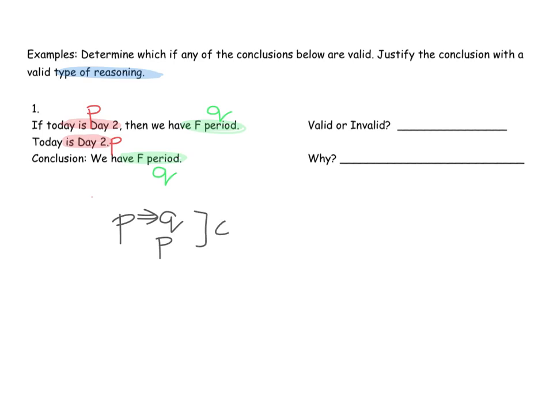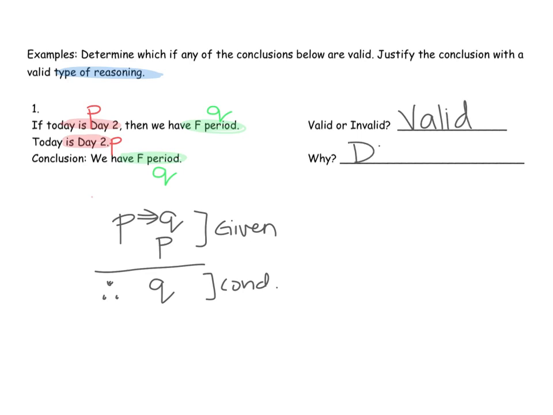So these are our given true pieces of information, and we want to conclude that therefore, or in conclusion, Q. Is this a valid form of reasoning? Yes, this is direct reasoning. So we say it is valid, and it has the form of a direct argument.